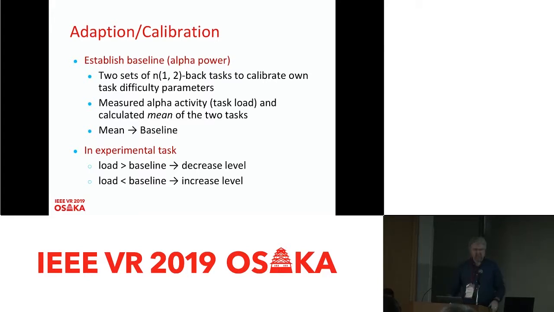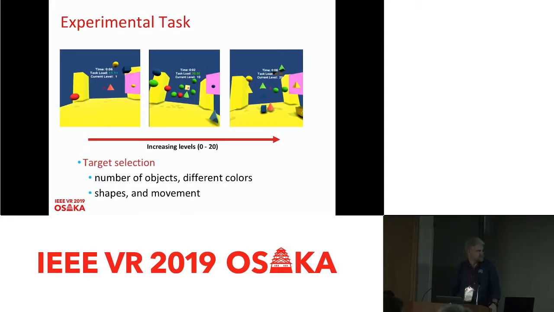Then the idea was, when people were in the VR environment, you would also measure their alpha power activity. And if their cognitive load was lower than their baseline, you would increase the complexity of the task. If the cognitive load got above the baseline, you would decrease the complexity of the task to try and keep them at that baseline.